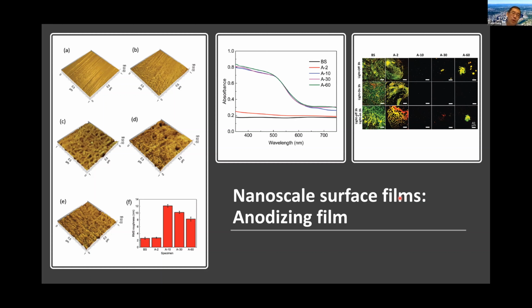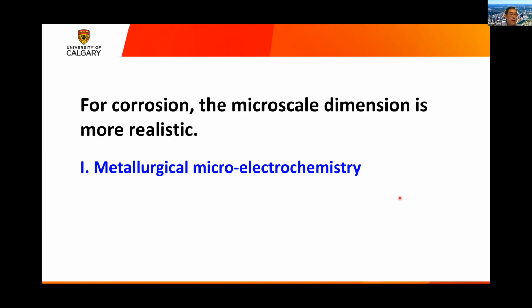So that's a very important application in terms of the bacteria-active environment. And right now, because of limited time, I summarize the typical important applications of the nanoscaled ECAFM. So that's electrochemical AFM in corrosion research.